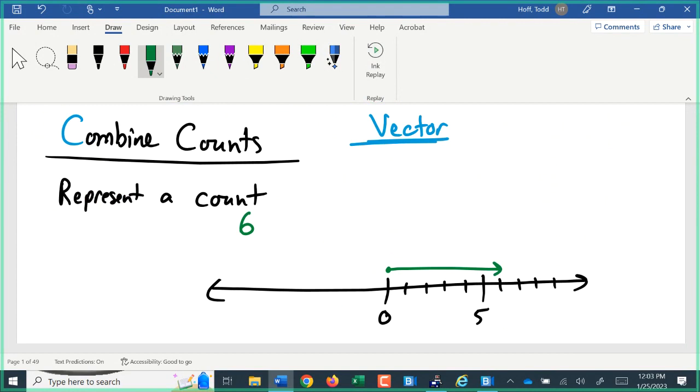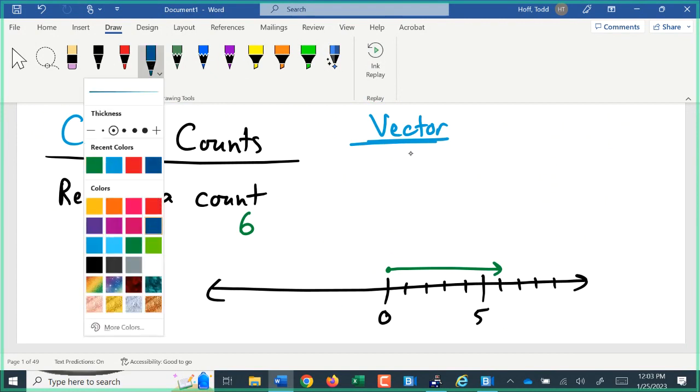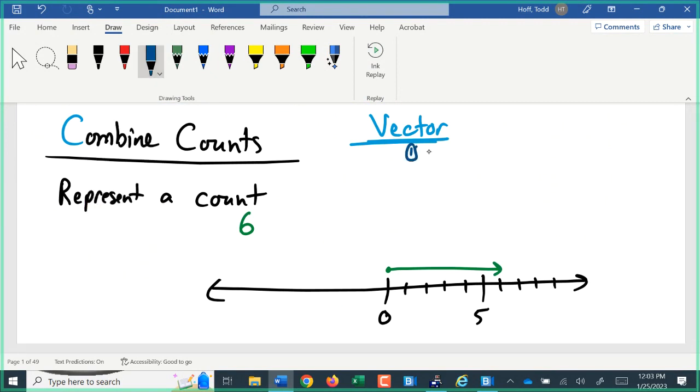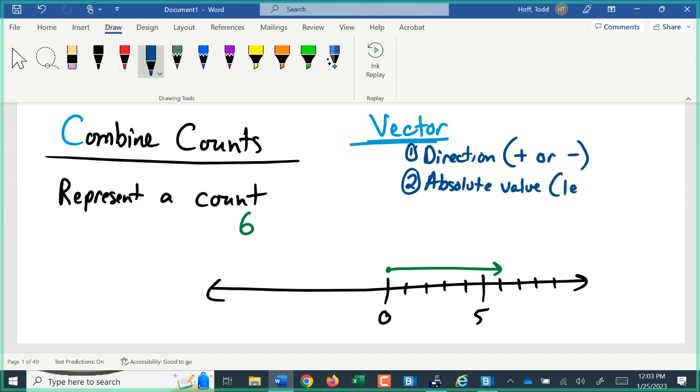This vector has 2 properties. Property number 1 is its direction. It's either positive or negative. The 6 is going in the positive direction. The second property it has is something called its absolute value. Its absolute value is just its length. This vector here is 6 units long.